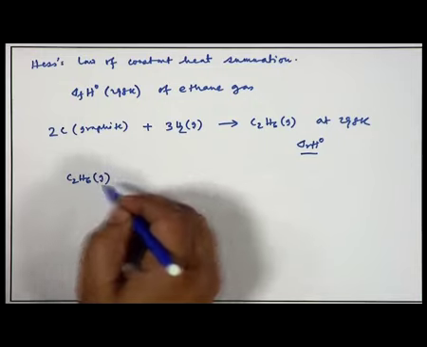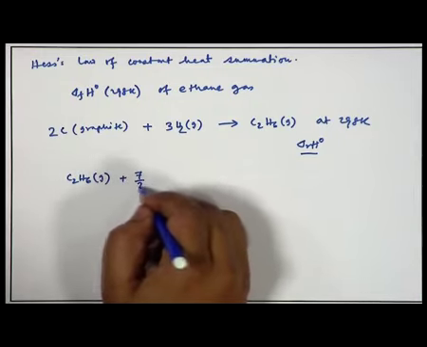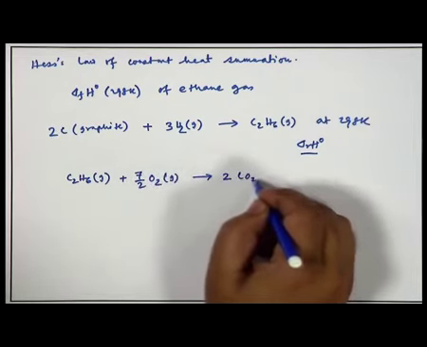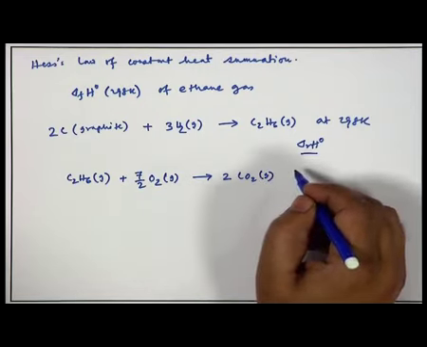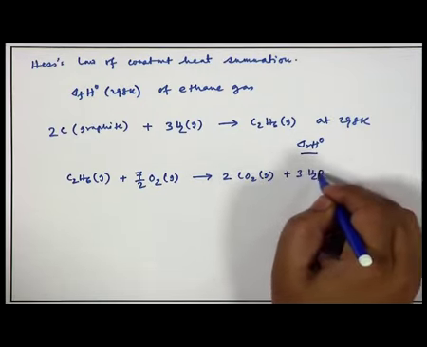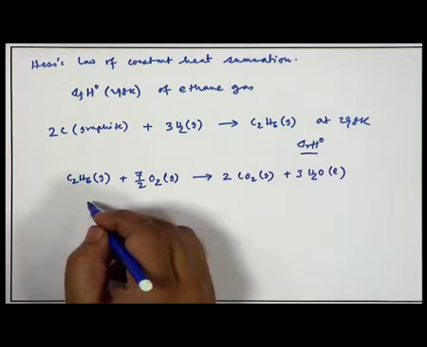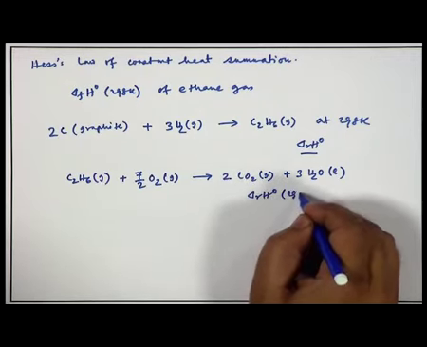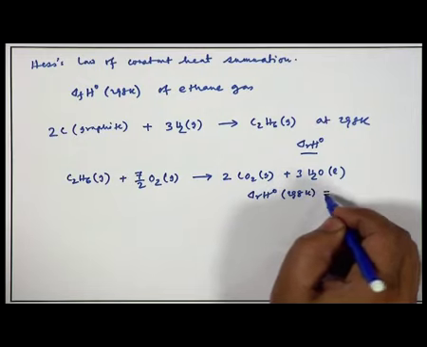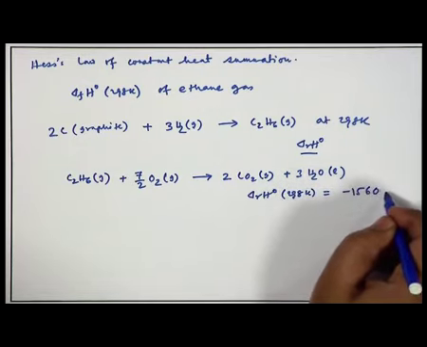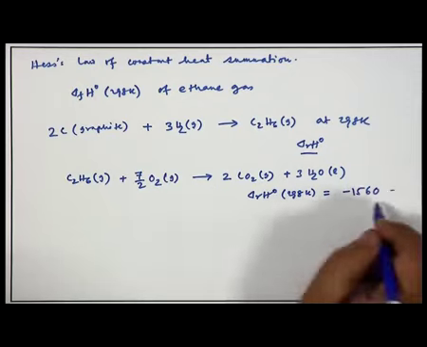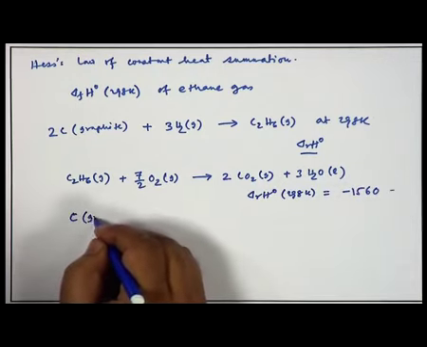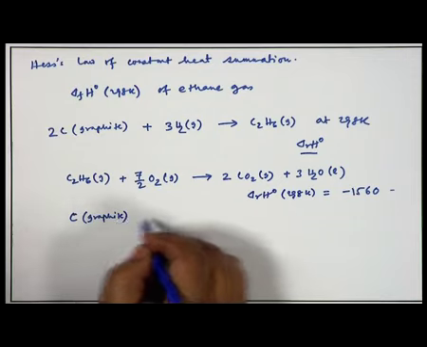We can write the combustion reaction, which is basically burning in oxygen, and delta H for this reaction at 298 K is 1560. I am not writing kilojoule per mole just to make it faster, but you should always write the unit associated with this.